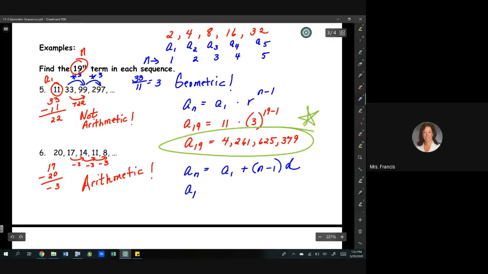So in this case, the value of the 19th term is equal to the value of the first term, 20, plus 19 minus 1 times our common difference, which we found. D is equal to negative 3. And when we use our calculator to solve that out, we're going to get negative 34.